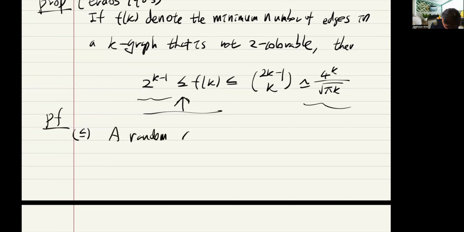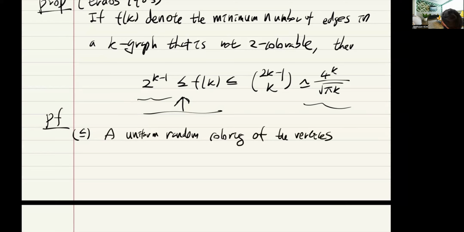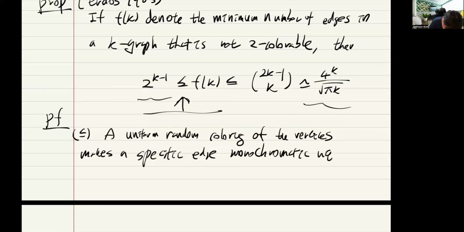So consider a uniform random coloring of the vertices. It makes a specific edge monochromatic with what probability? 2 to the 1 minus k.